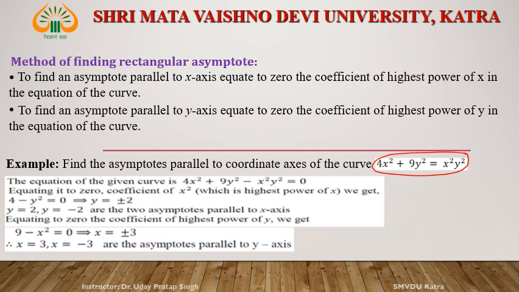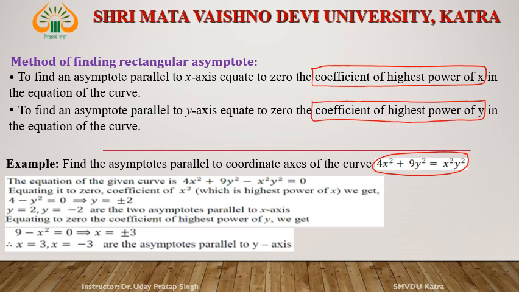We know that the coefficient of the highest power of x is 0, right? And the coefficient of the highest power of y is 0. Write this equation as follows: 4x square plus 9y square minus x square y square equal to 0. This is x square times 4 minus y square, plus 9y square, equal to 0.